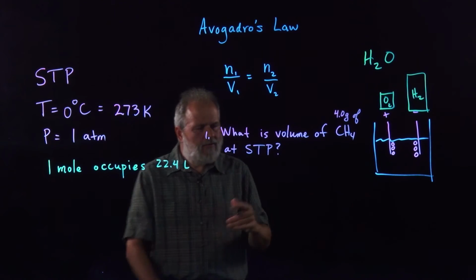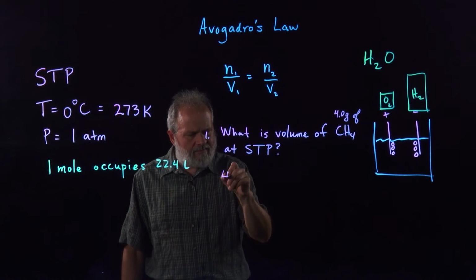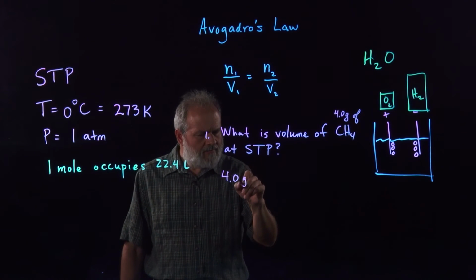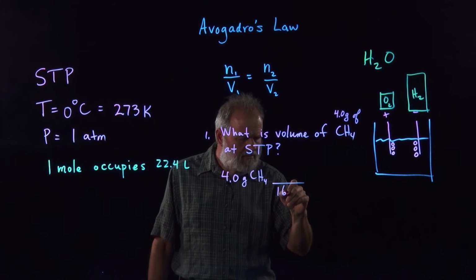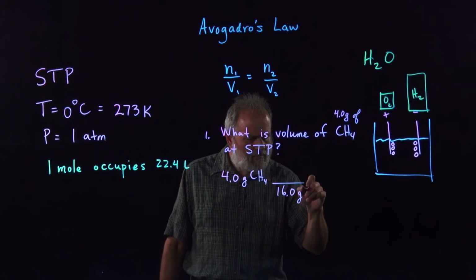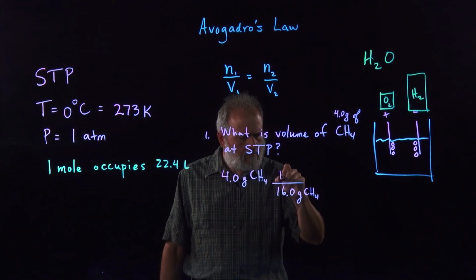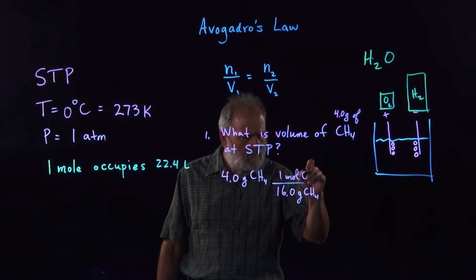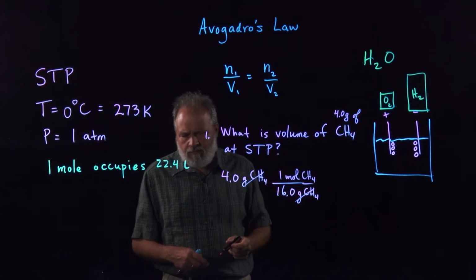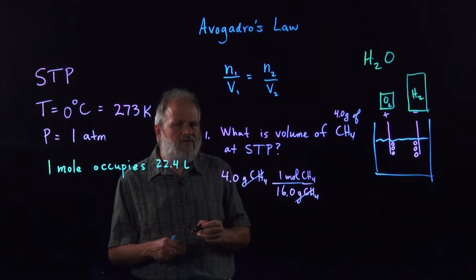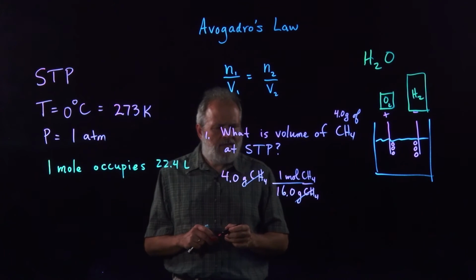Okay, well we don't have moles of methane, but it's easy enough to change that. 4 grams of methane, using the molar mass of methane. And you can see that we get basically 1/4 of a mole, or 0.25 moles of methane.